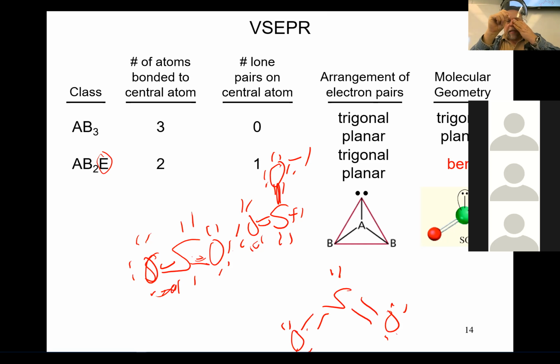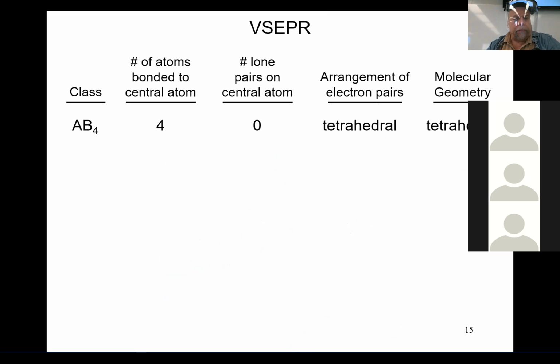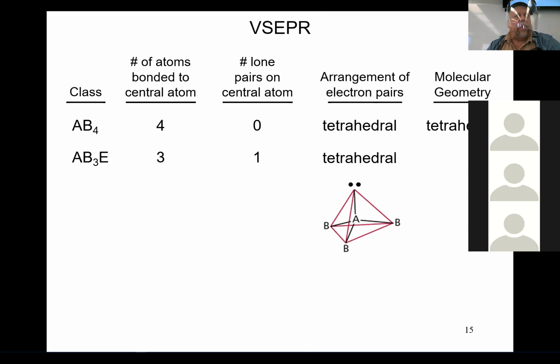The E represents the lone pairs on the central atom. Okay, on the central atom there. And here you've got AB3E, with 3 atoms and 1 lone pair, and you can see this with the tetrahedral again. The example of this would be ammonia, where you have this, and then hydrogen here, and hydrogen there.